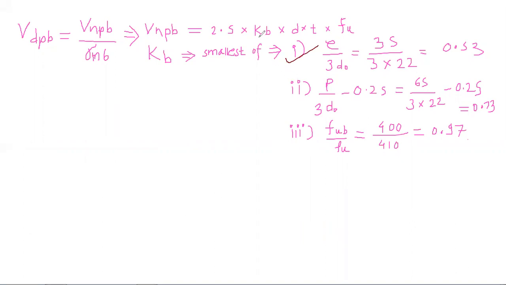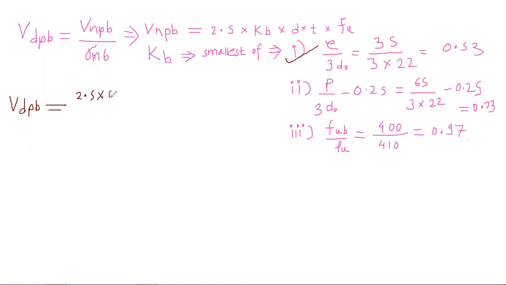Now the second value is the diameter. The value of diameter is 20 mm. We will write again this formula. VDPB is equal to VNPB. VNPB is equal to 2.5 multiplied by KB.